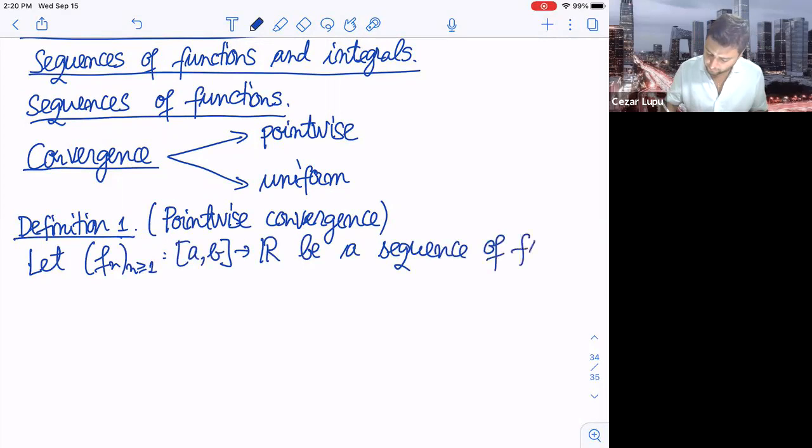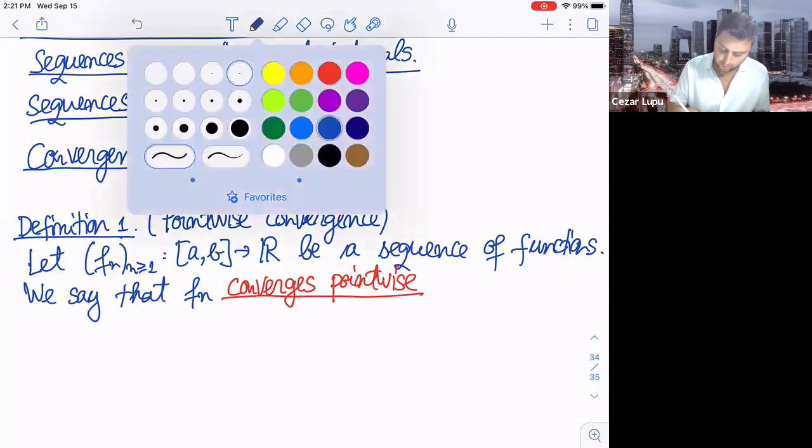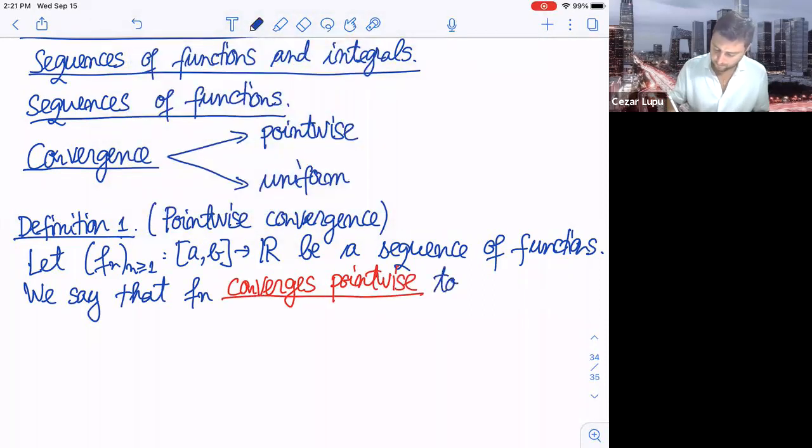All right, so we say that f_n converges pointwise to the function f, right?